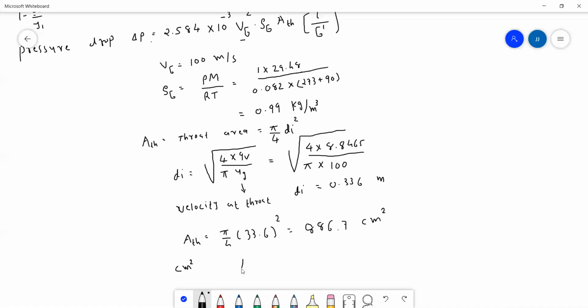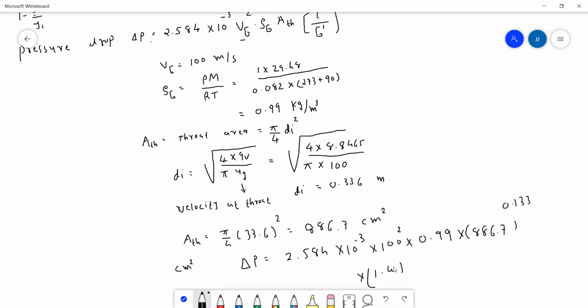So you substitute all the values here. We will get delta P equal to 2.584 multiplied by 10 raised to minus 3, multiplied by Vg, which is 100 square, into rho g, 0.99, into area of throat, which is 886.7, raised to 0.133, multiplied by L dash by G dash, which is 1.4, raised to 0.78.